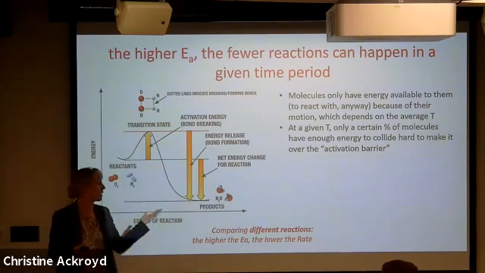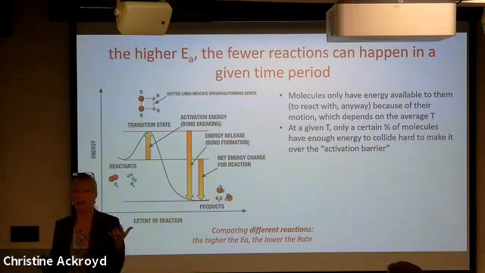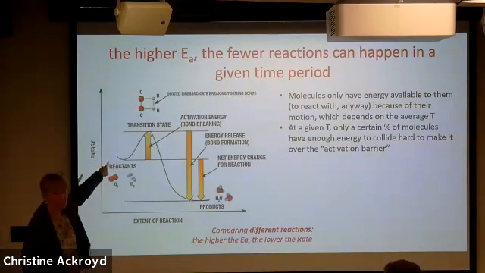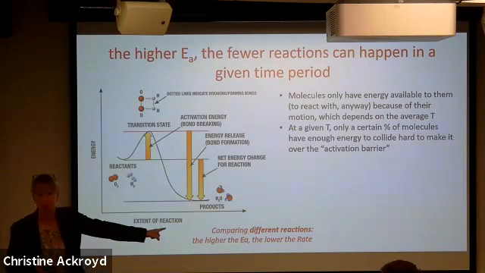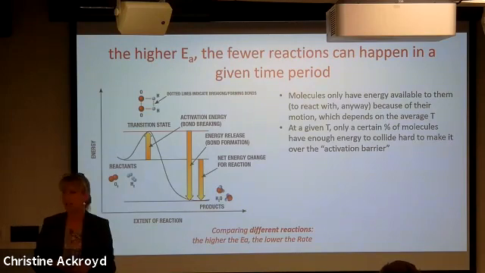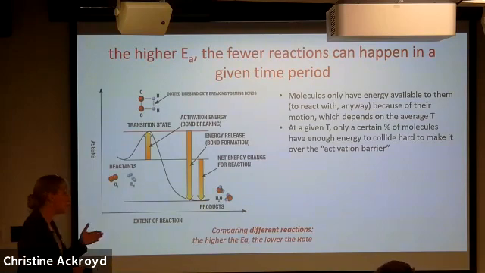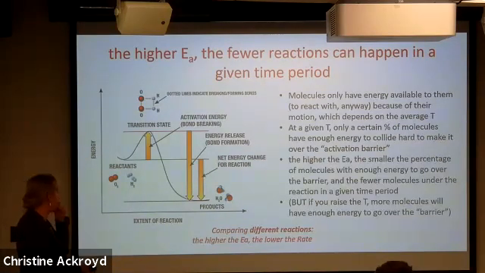Or another way of saying that is that at a given temperature, only a certain percentage of the molecules will have enough energy to make it to the transition state so they can make it to product. And so only a certain percentage will react. If you raise the temperature, what happens to the percentage that can react? It increases, so the reaction goes faster. Okay.